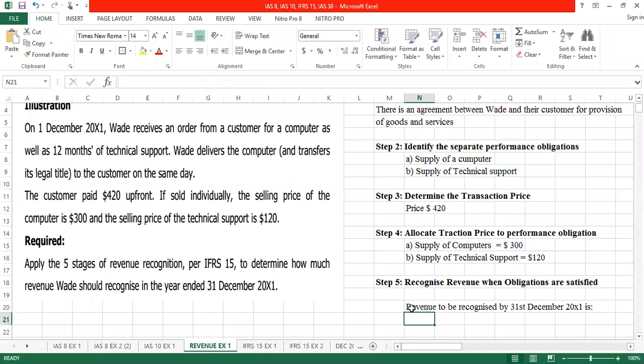is, please take note of these. Number A, the whole of $300.